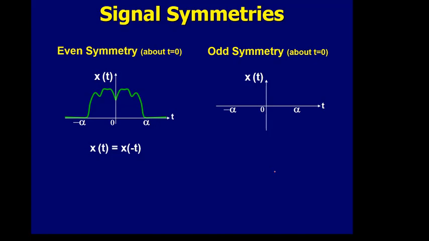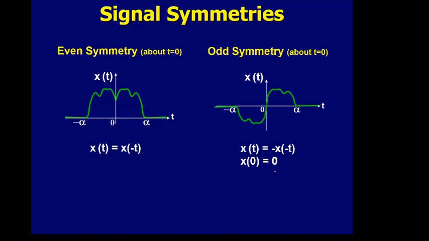Odd symmetric signals, on the other hand, look different. They look like both a mirror image in the time axis and in the amplitude axis, so it's like we took the signal and flipped it around the origin. In this case, mathematically, x of t is equal to the negative of x of minus t.